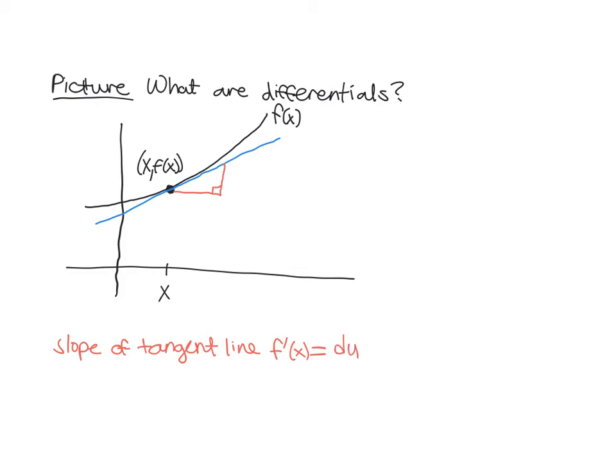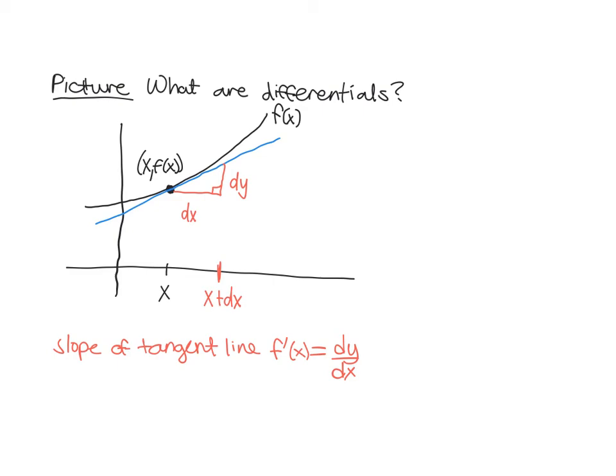And we also have our notation dy dx. So in a sense, the rise is dy, and the run is dx. So this value right here is x plus dx. And these are our differentials. So that value is dy.